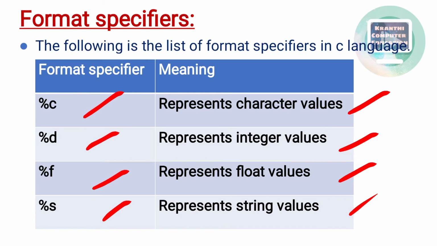So if you want to take input or produce output, you have to use %c for characters, %d for integers, %f for float values, and %s for string values. These are the format specifiers available in C language.